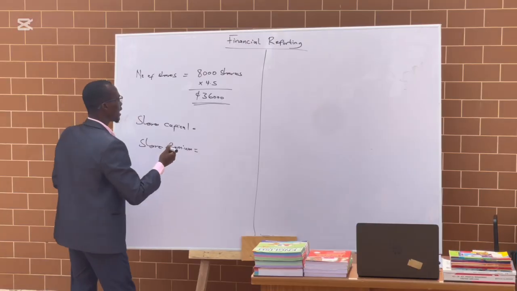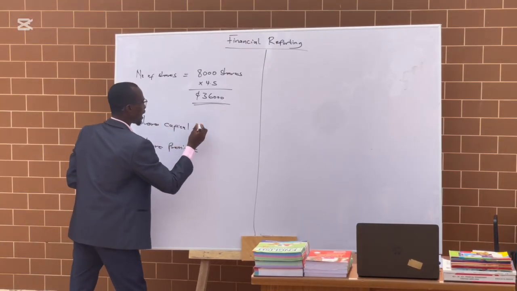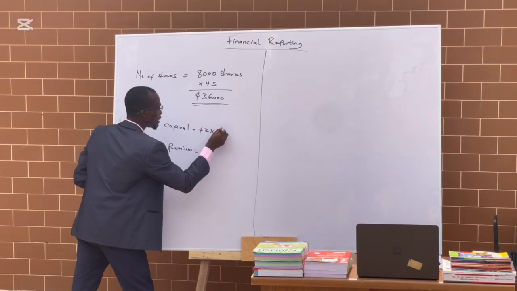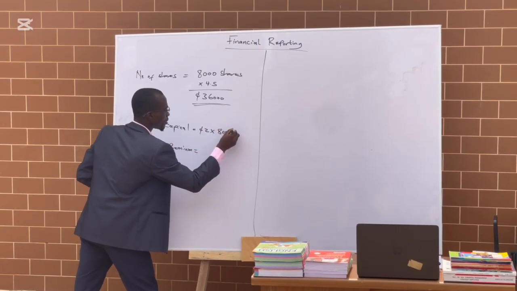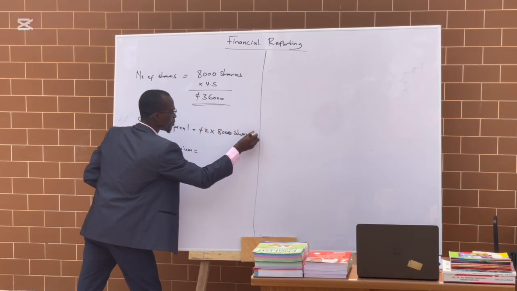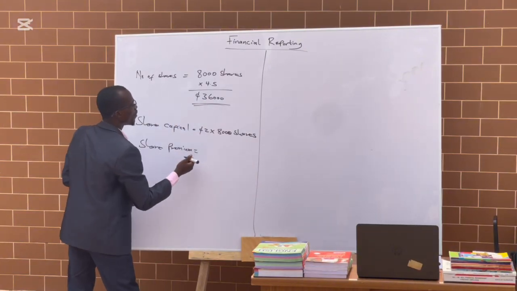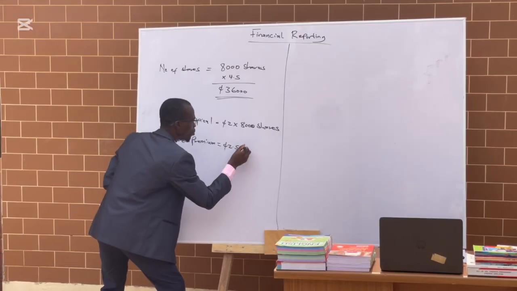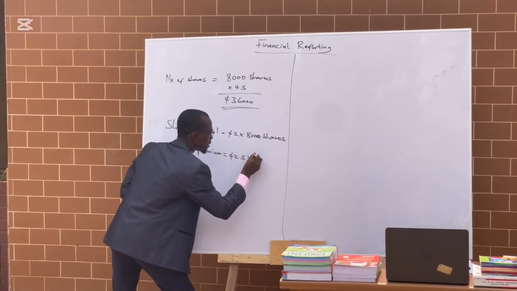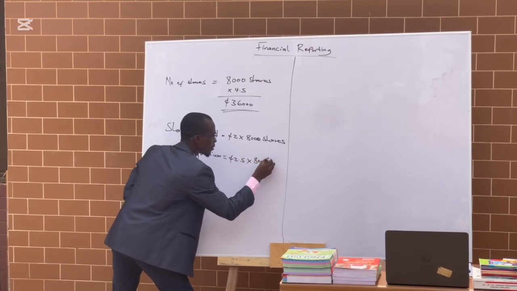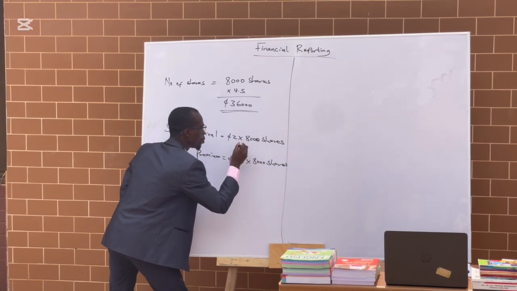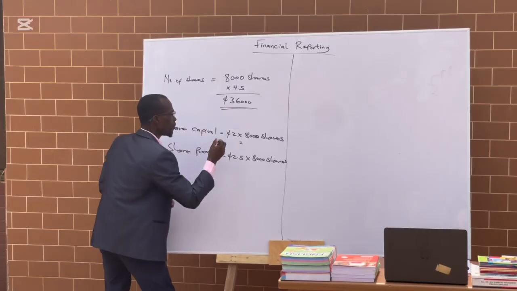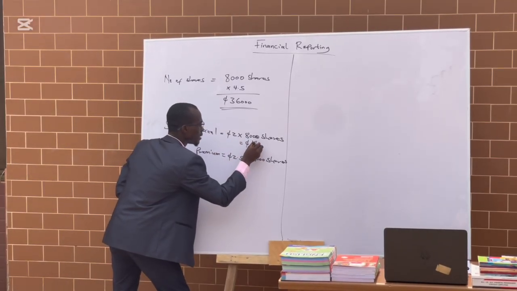So the share capital is supposed to be 2 cedis times 8,000 shares. Then the excess of the 4.5 will be 2.5 Ghana cedis, and that will be the share premium. That will also be multiplied by 8,000 shares. So when you multiply the 2 cedis by 8,000 shares, we have 16,000 Ghana cedis.